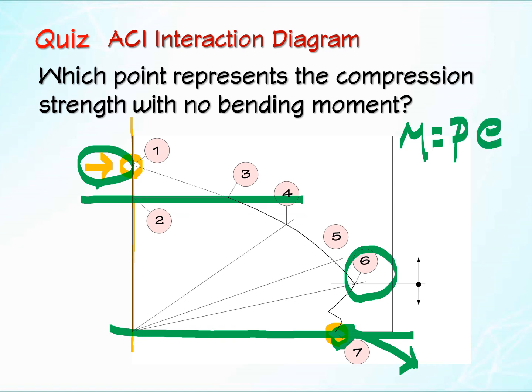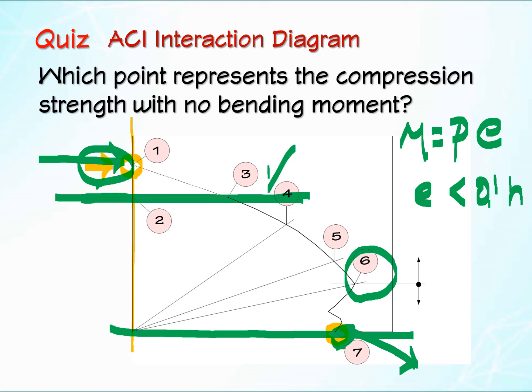Even though your column is perfectly straight, and even though your load is 100% concentric, we are going to assume that there is a minimal amount of bending moment due to accidental eccentricity, so that you will never reach this point because that is bending moment 0. So you are not going to reach that point. So we are going to cut down this much. Okay, that is due to accidental eccentricity moment.